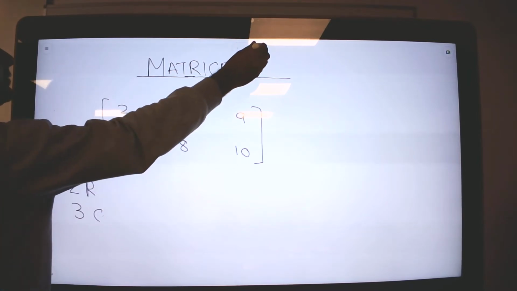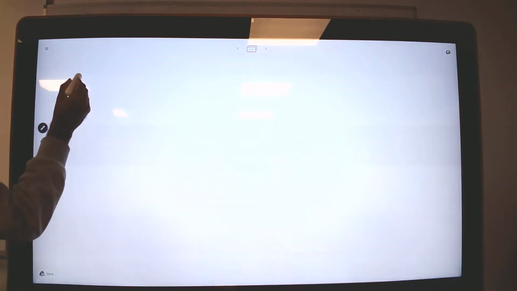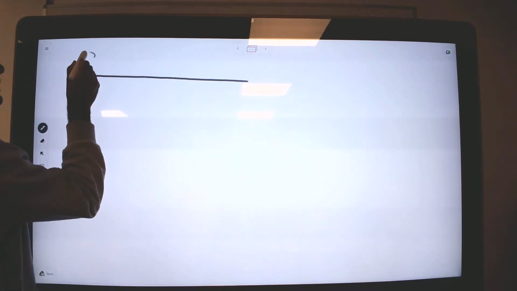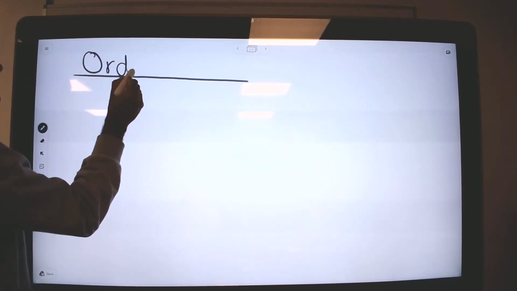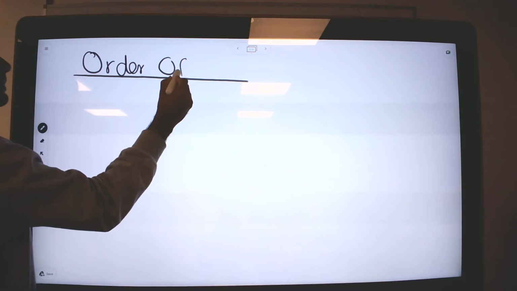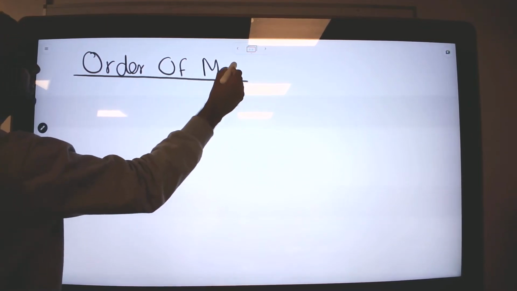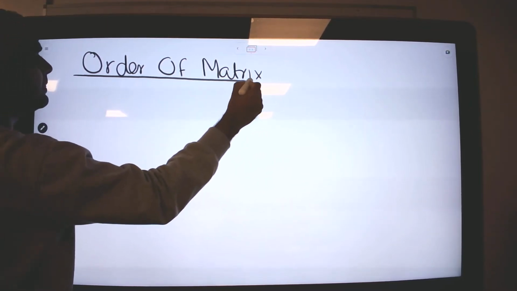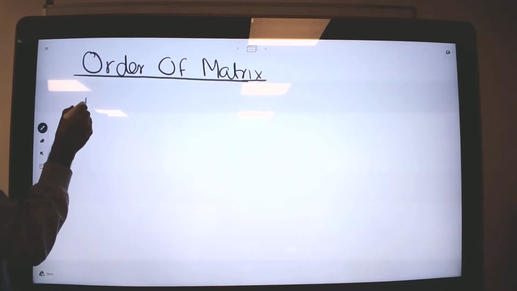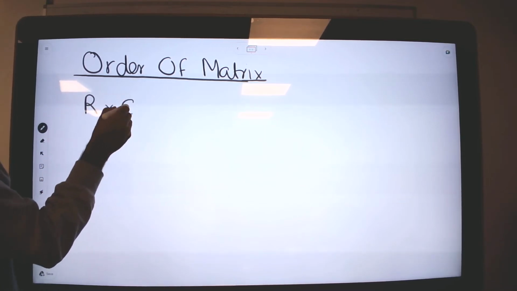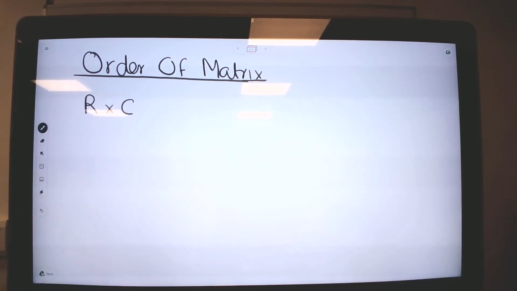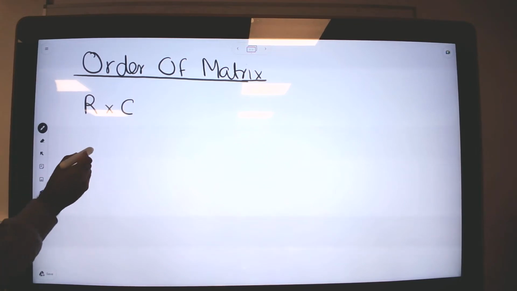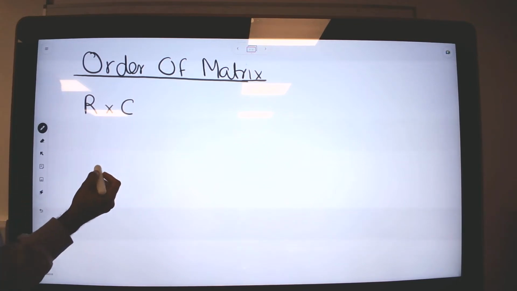The order of the matrix is defined as row times the column. If the matrix has 2 rows and 3 columns, like previously, the order of the matrix is 2 cross 3.